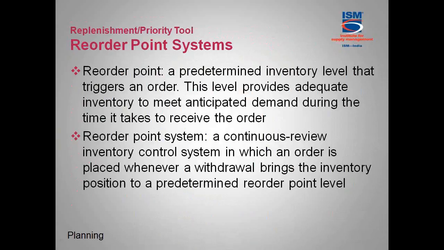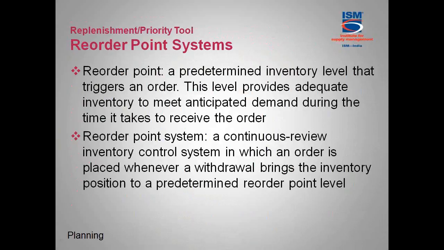The formula is demand during the lead time plus safety stock. If lead time is 2 days, I keep the inventory of 2 days plus my safety stock. If my lead time is 5 days, I keep the inventory of 5 days plus safety stock.